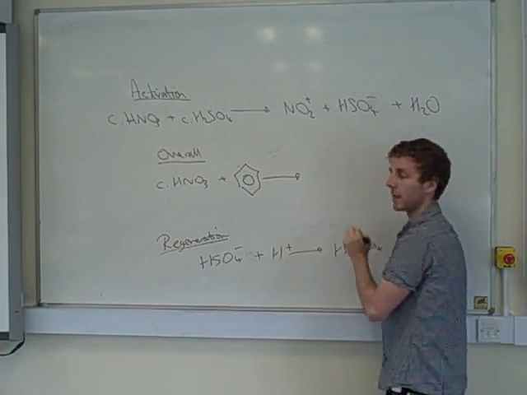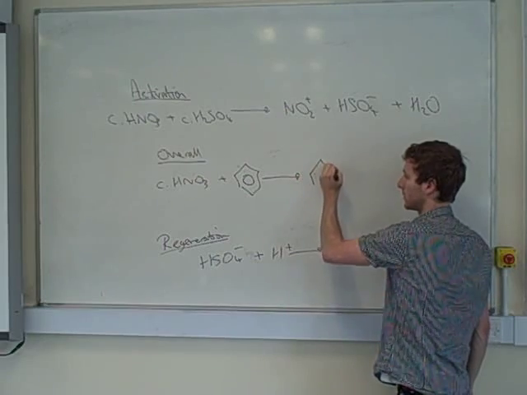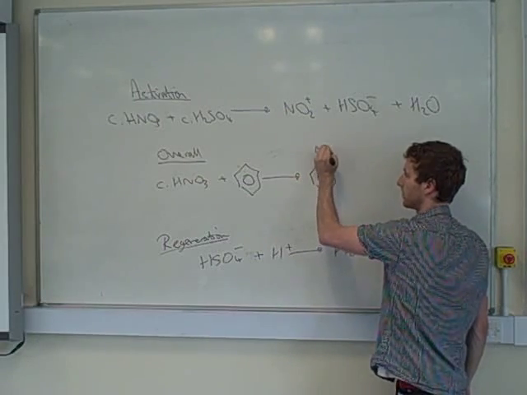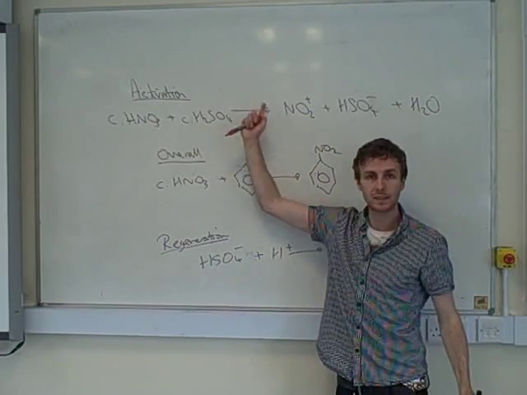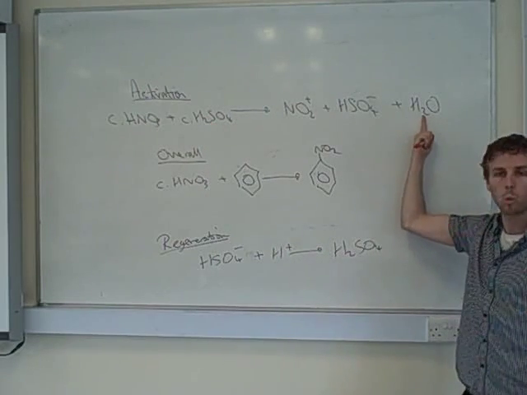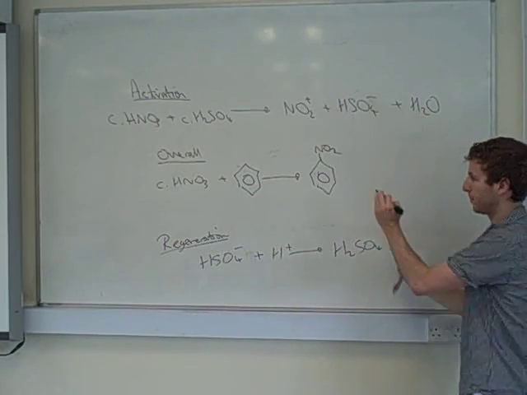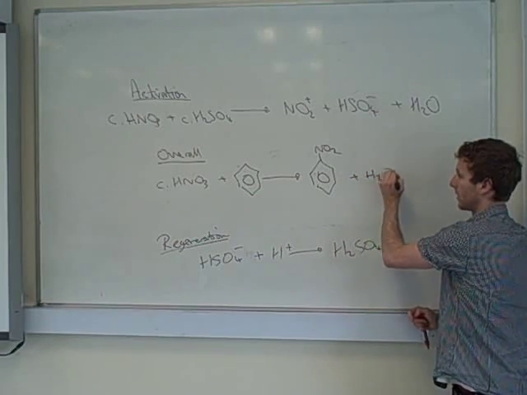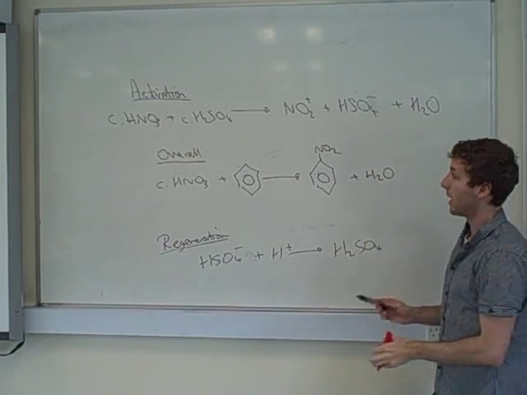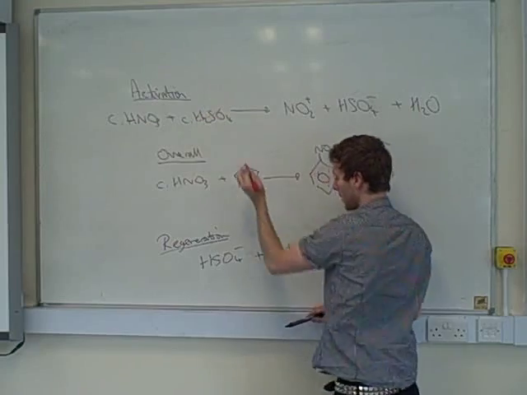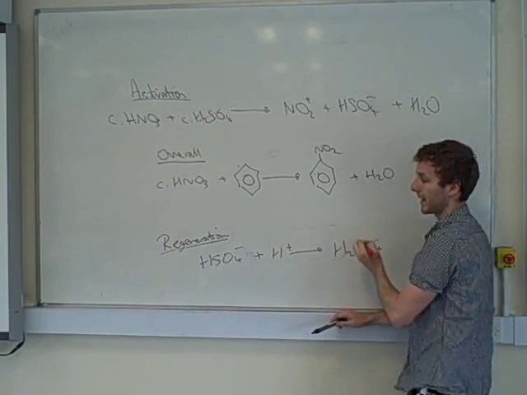And that gave me nitrobenzene. And in this first step here, I've also made some water that doesn't get used up. So plus water. I started with sulfuric acid, but I made it at the end, so they cancel out.